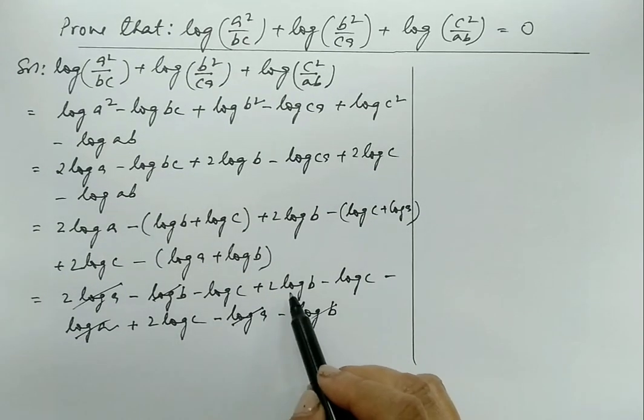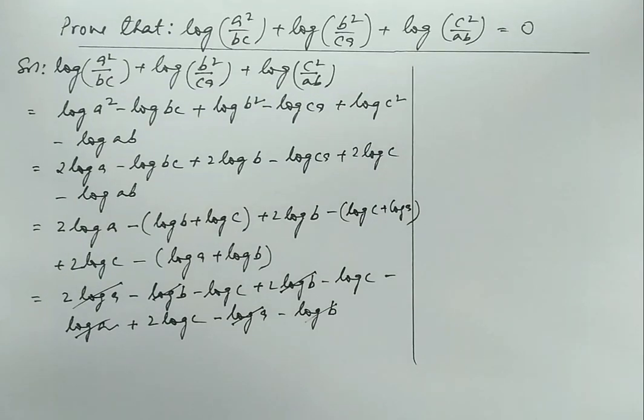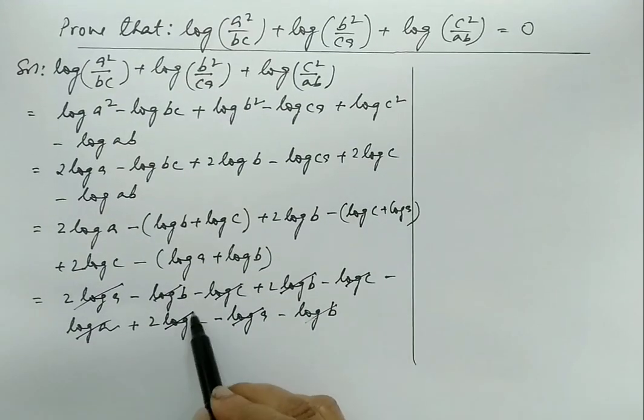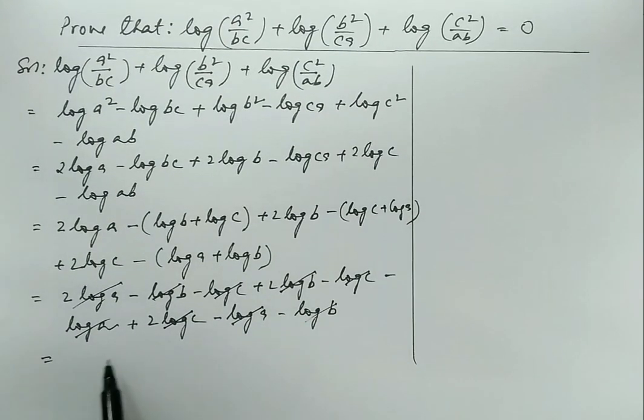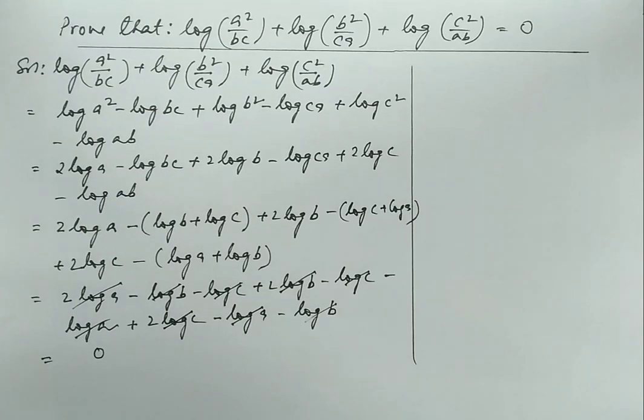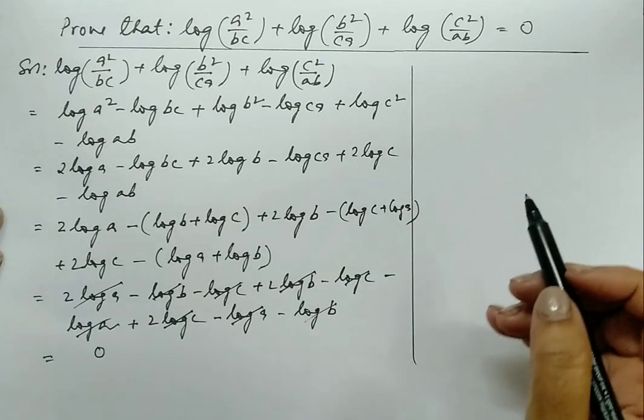So this one gets cancelled. Then we have 2 log C, and with the minus log C terms this gets cancelled, and as a result we are left with nothing, a 0. So this was the long process, which you can do if the teacher asks you to do it that way.